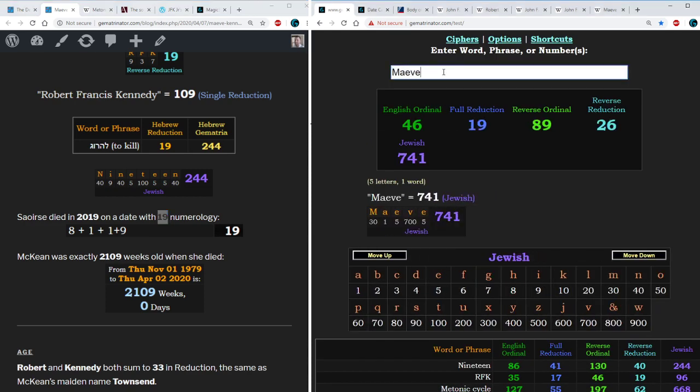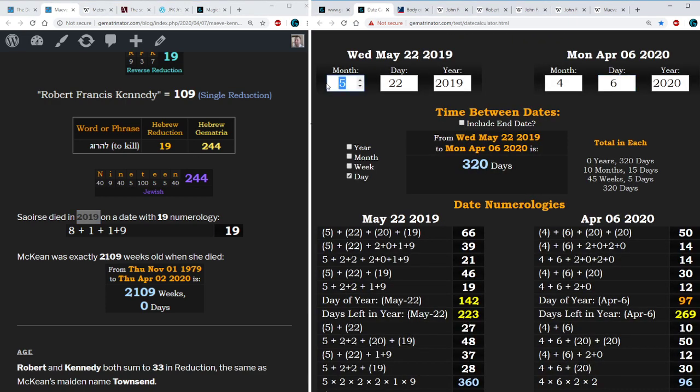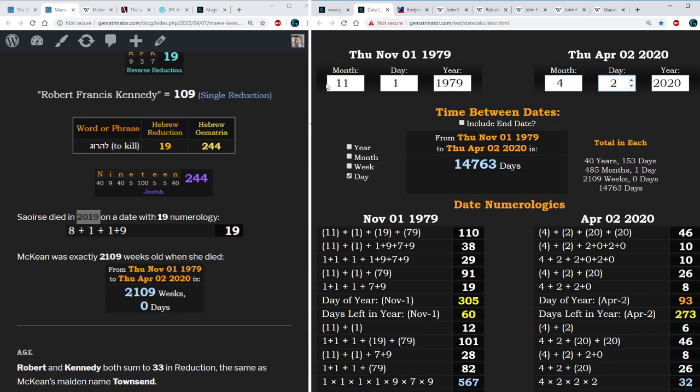I think I saw the name Maeve also equals 19. And it's just so interesting that Saoirse Hill died in the year 2019 because her cousin, Maeve McKean, died at the age of exactly 2,109 weeks old.